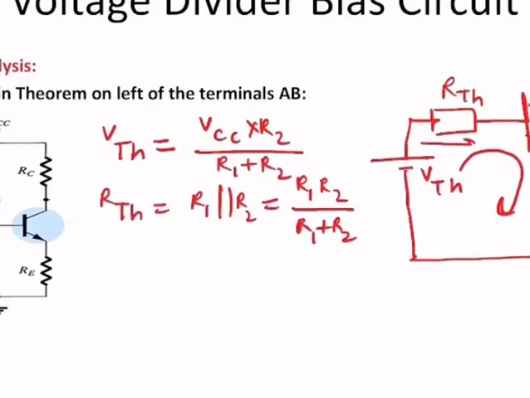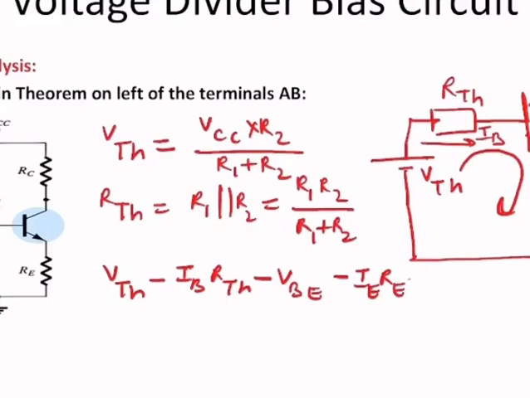Through this Thevenin resistance, IB, the base current, would flow. Apply KVL. When we apply KVL, we would get VTH minus IB into RTH minus VBE minus IE RE is equal to 0. Now put IE is equal to beta plus 1 into IB.